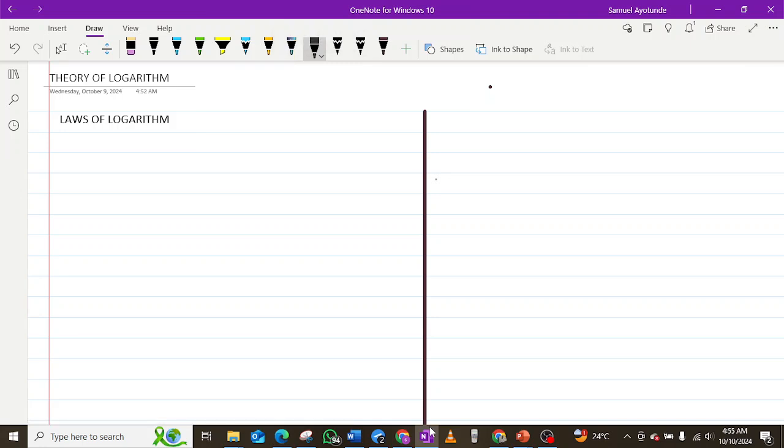So let's go from here. I want to discuss the parts of a log first. If I have log, and I have a number down here, another number here, then I have b here. Let's say this is also a number. All alphabet represents numbers.